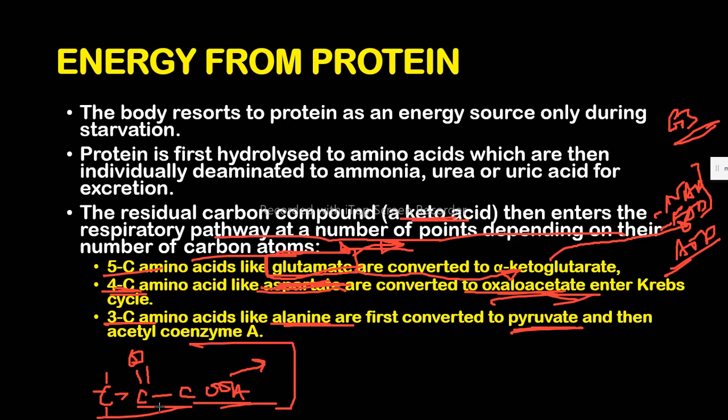And then the acetyl group will combine with the CoA to form acetyl-CoA. Now this acetyl-CoA will be taken to the Krebs cycle, where it will give this acetyl group to oxaloacetic acid, to OAA, and the cycle continues.